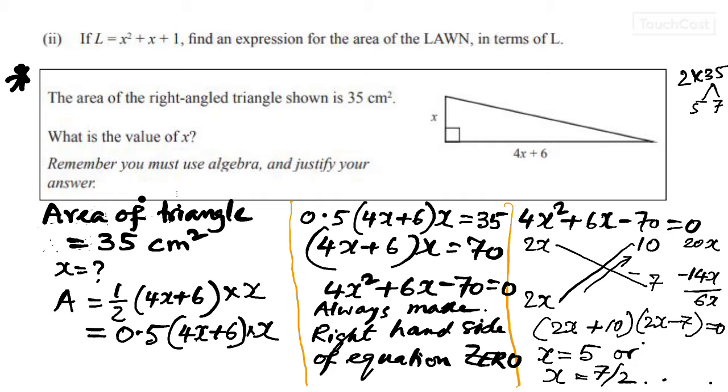What's the value of x? So this is x. The base of the right angle triangle is 4x plus 6, and you've got to identify x. That one is a right angled triangle.